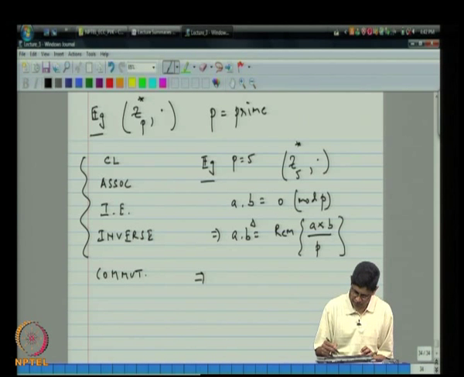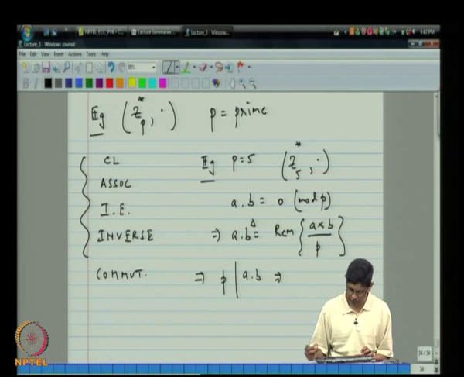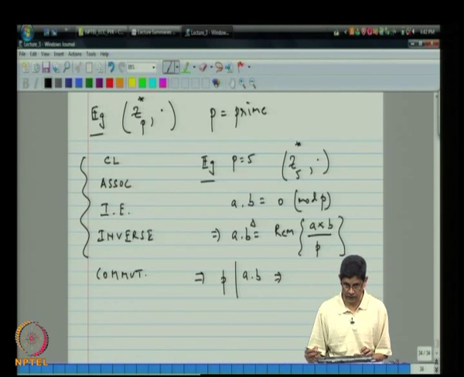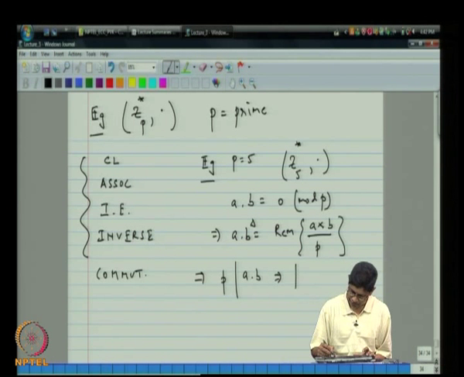So A times B equal to 0 implies that P divides AB, but you know that P can divide a product of two integers if and only if P divides either one or the other of them, or both.